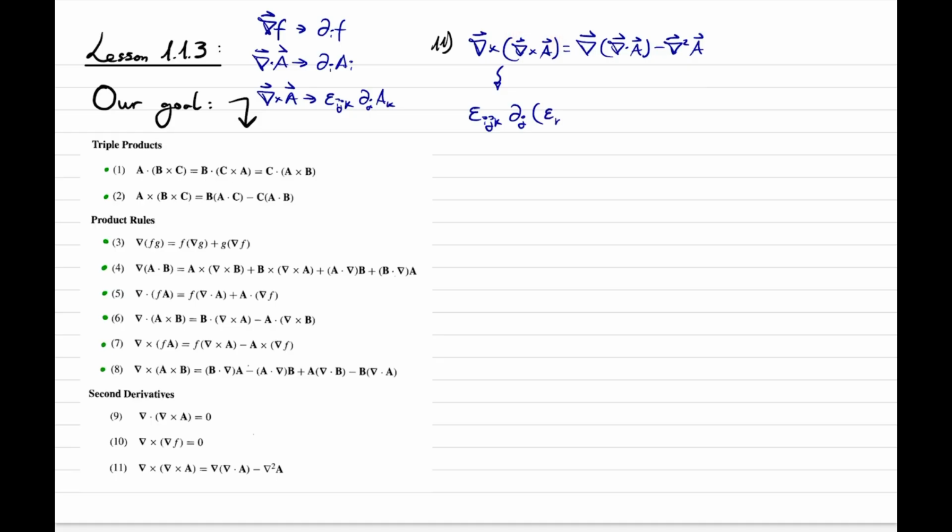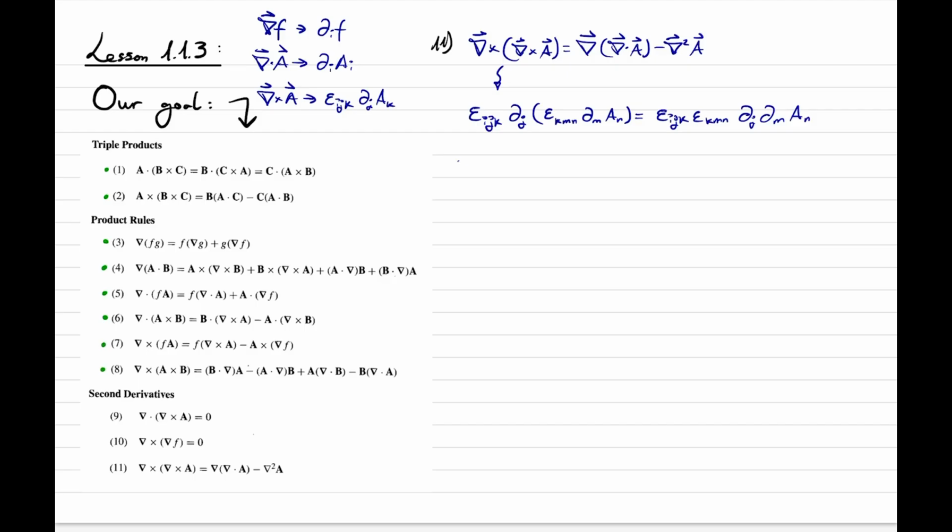So its free index, which is contracted with the third slot, is going to be k. And now we have two dummy indices, m and n, del m and a n. As in the previous one, we can pull out the epsilon because it's constant. So we are going to have epsilon ijk, epsilon kmn, and now we have del j, del m, a n.